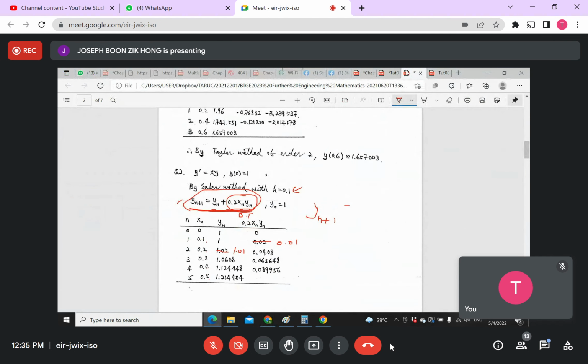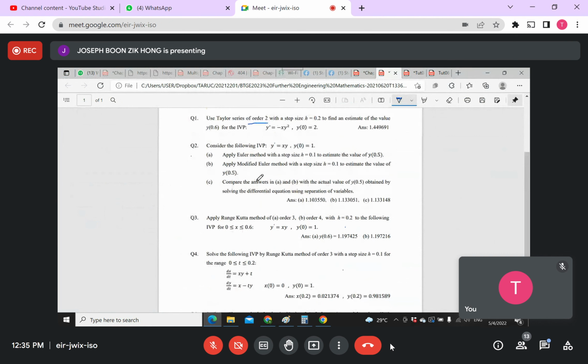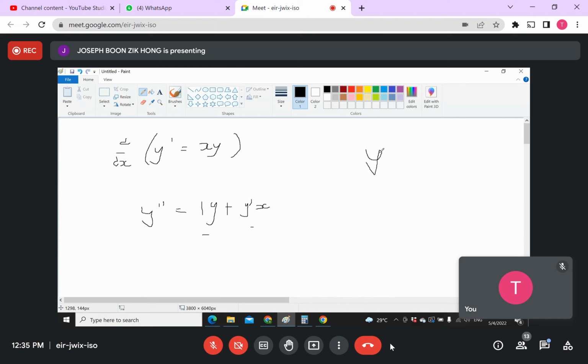So the third one, they ask us to compare the answers in A and B with the one obtained by using separation of variables. So I can solve this easily by separation of variables. Now y prime equal to xy, so dy/dx equal to xy. I move my y here, so I have 1 over y dy equal to x dx.